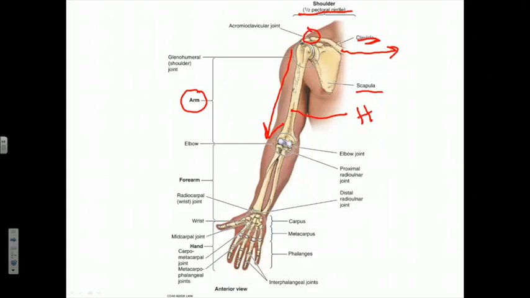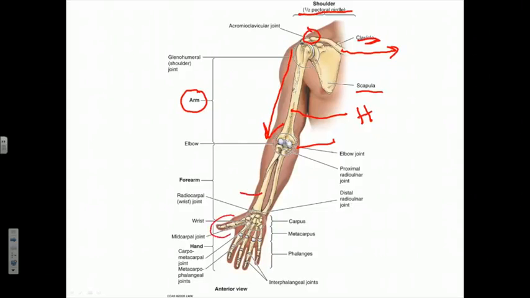The head of the humerus articulates with the scapula, and it is the bone that forms the structural framework of the arm. Note, however, that the arm ends at the mid-joint of the upper limb, which is called the elbow. At the elbow, we have an articulation between the end of the humerus and two additional bones.